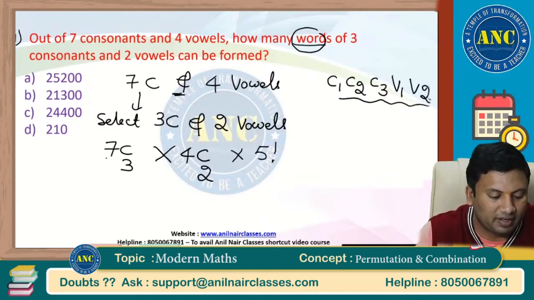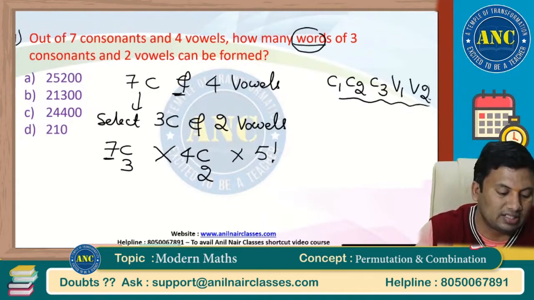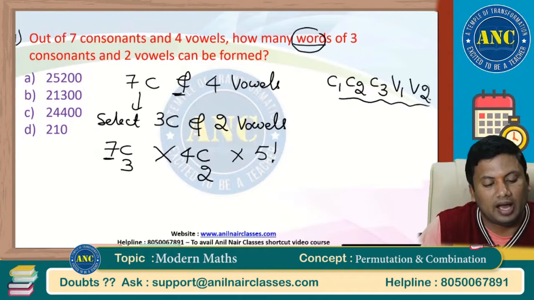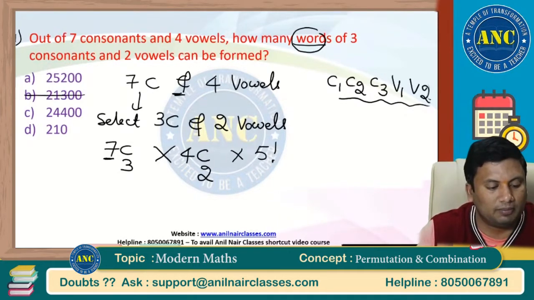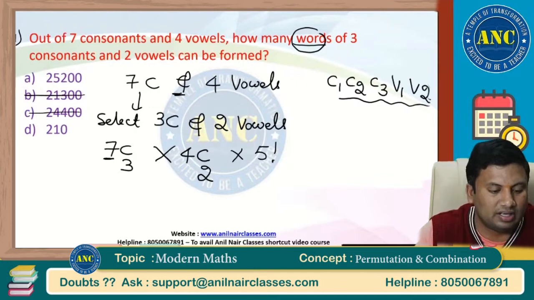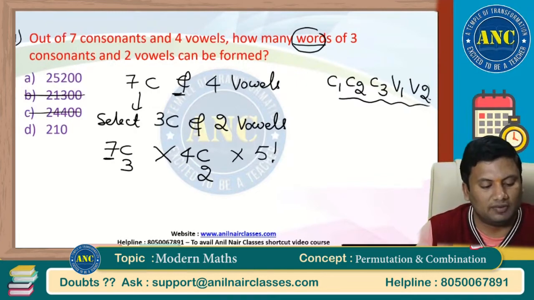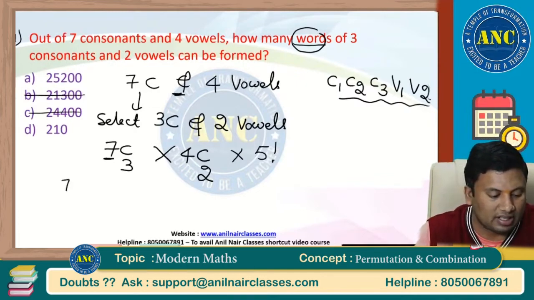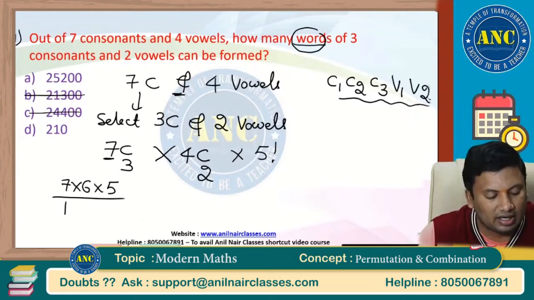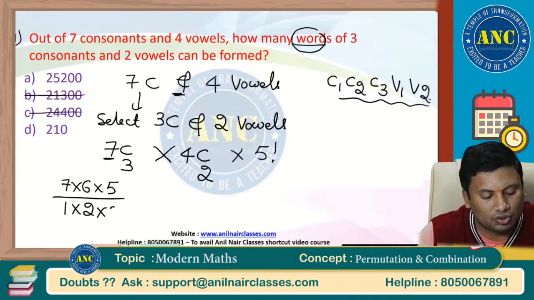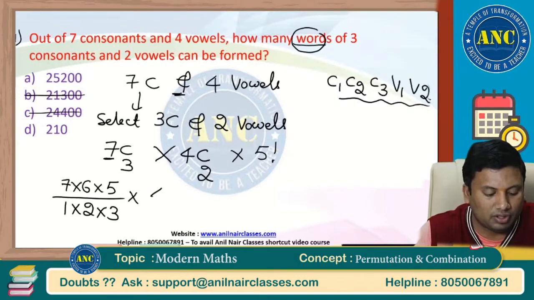Listen carefully, 7C3: 7 is a prime number. The answer should be divisible by 7. This is not divisible by 7. So 7C3 is nothing but 7 into 6 into 5, writing 3 in decreasing order, divided by 1 into 2 into 3. 4C2 is 4 into 3 divided by 1 into 2.